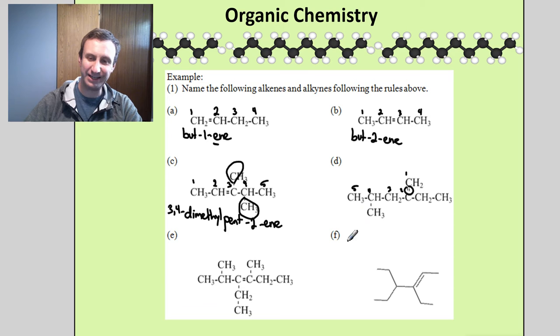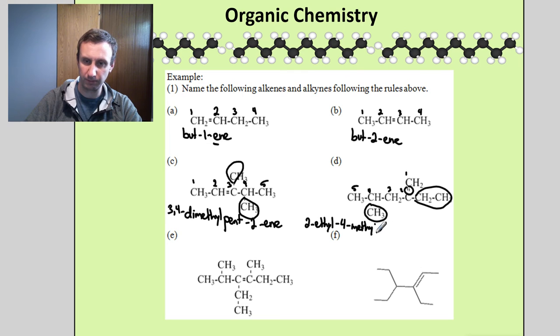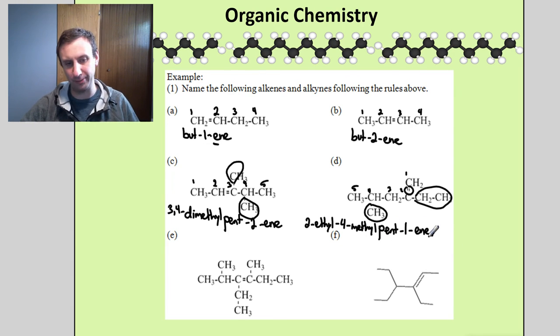So I have pentene as a base name again, and then I have a branch right here, and this is an ethyl branch, and a branch right here, which is a methyl. So the ethyl is going to be listed first, so 2-ethyl, 4-methyl, pent, 1-ene. So 2-ethyl-4-methylpent-1-ene is the proper name for this one.